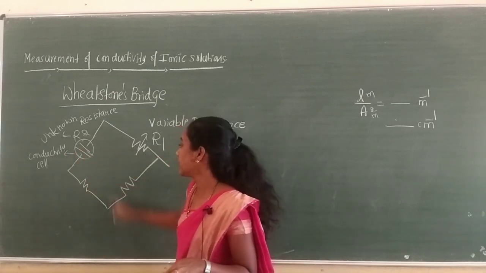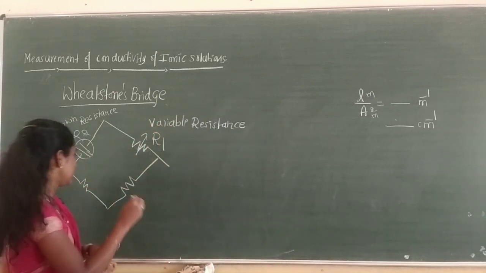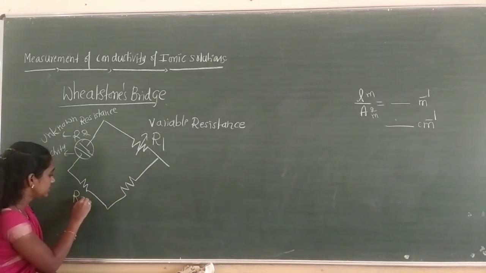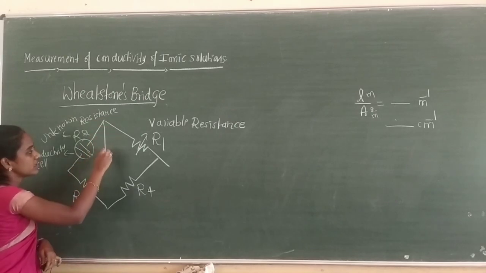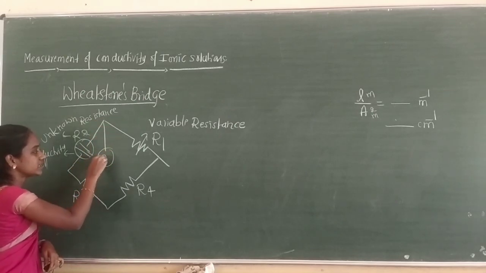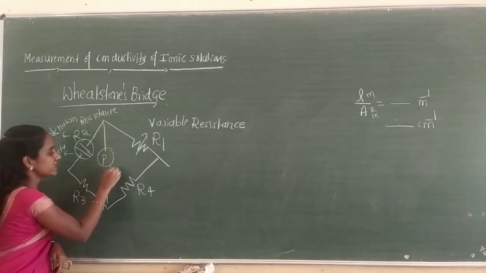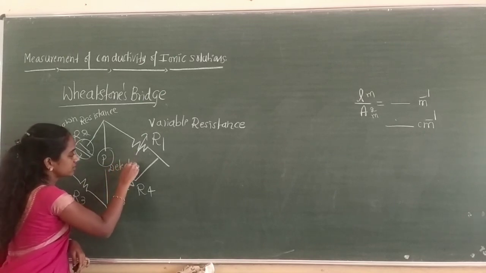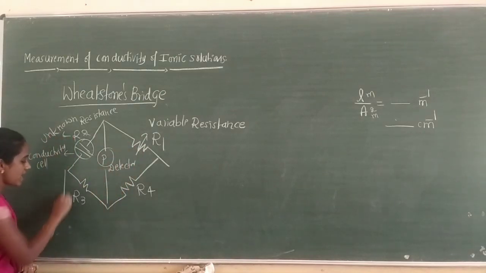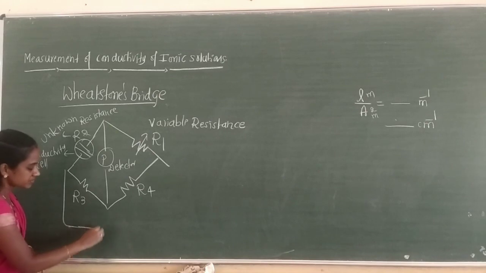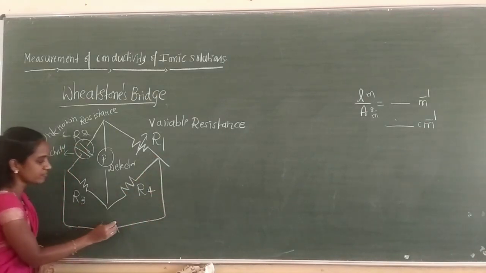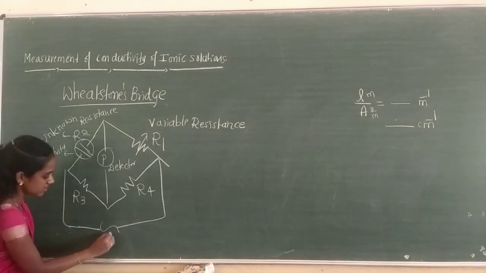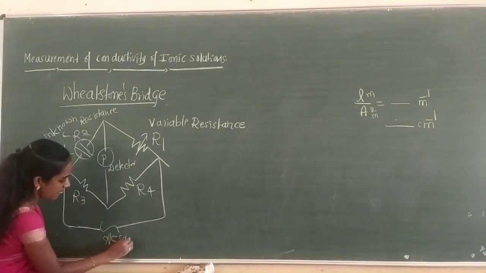Clear, no? Okay, next R3. This is R3, this is R4. They are the resistance boxes. And one more, here we use a detector, or it is a headphone. This is a detector or a headphone, and here we have to use AC signals instead of DC source. So see, here it is an AC source.